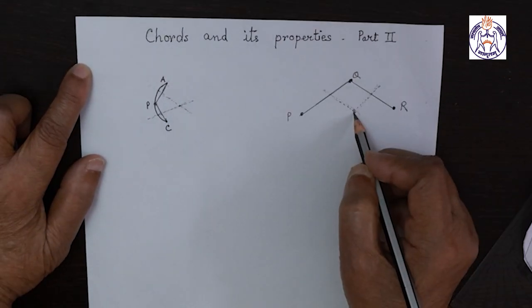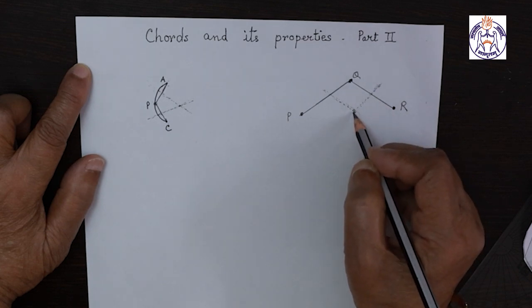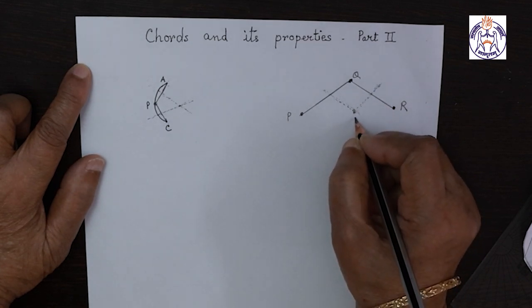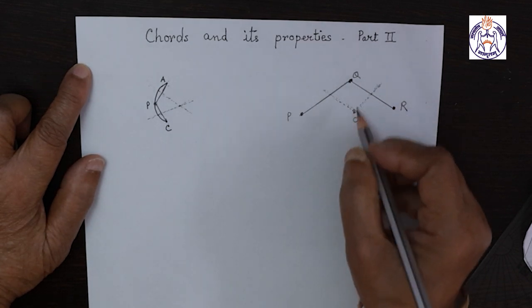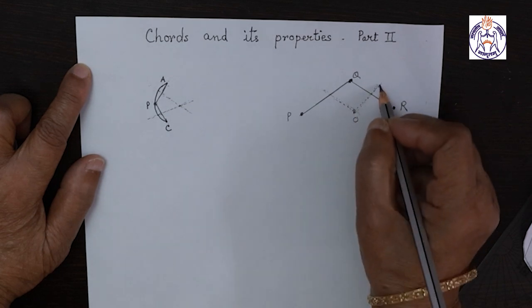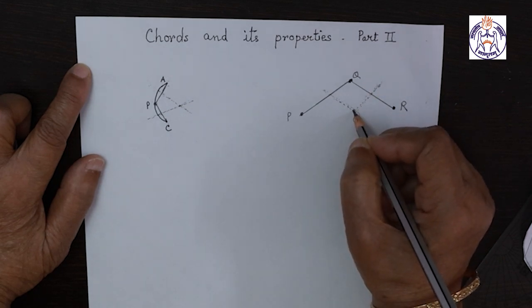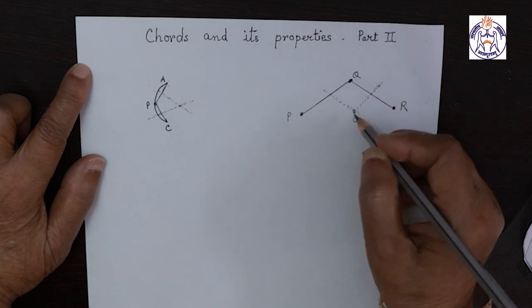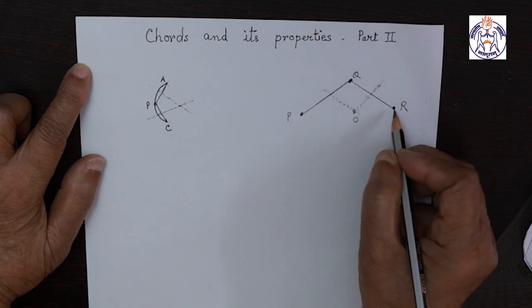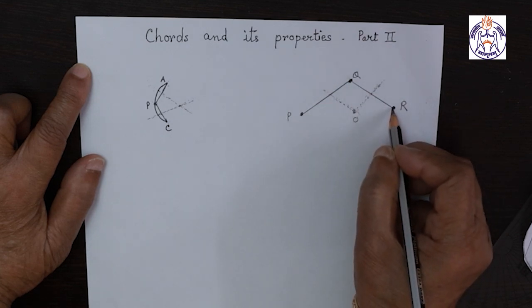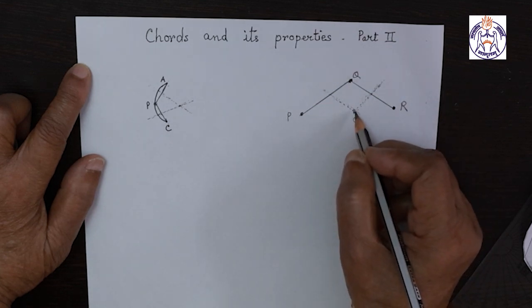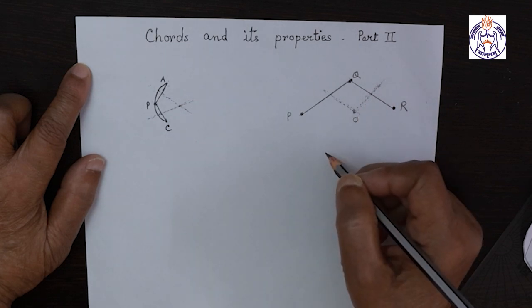If this is the center, then as we know, the center O will be equidistant from Q and R because this is the perpendicular bisector. On the perpendicular bisector, all points are equidistant from the end points of the line segment to which the perpendicular bisector is drawn.